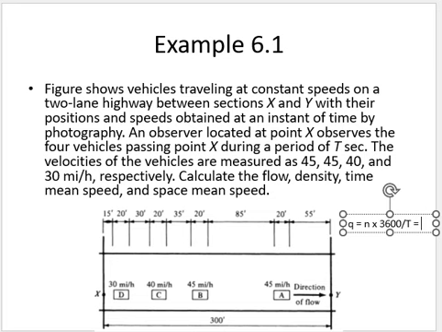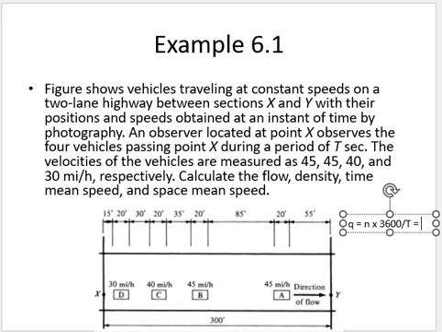If you make this assumption, then you can calculate how much time will be taken from vehicle A to vehicle D to cross point X, and then you can put it as T. But this is an assumption. Clear? In the book they did not do it.